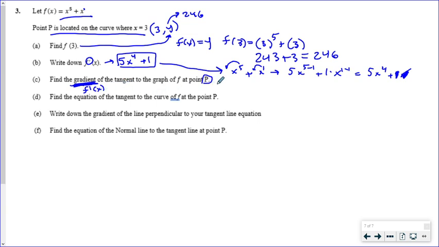So here, part C. My derivative is 5x to the 4th power plus 1. I know that point P has x equals 3. So I'll say, okay, I want my gradient, my slope, using this equation when x is 3.